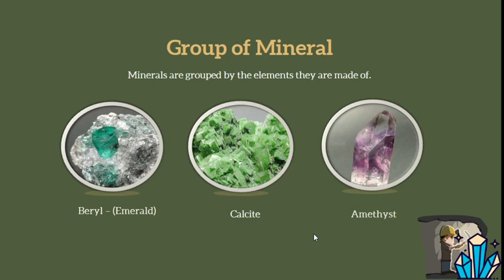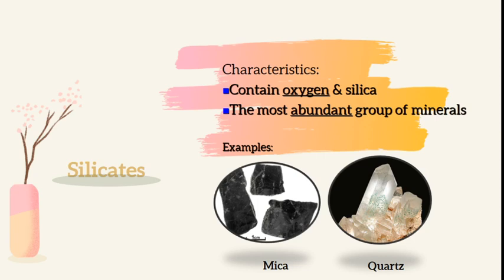Next, we have the groups of minerals, in which minerals are grouped according to the elements they are made of. I will not explain this one in detail. I will just present it to you. Examples of groups, we have beryl, calcite, and amethyst. Another grouping, we have silicates, which contain oxygen and silica, which is the most abundant group of minerals. Examples are mica and quartz.